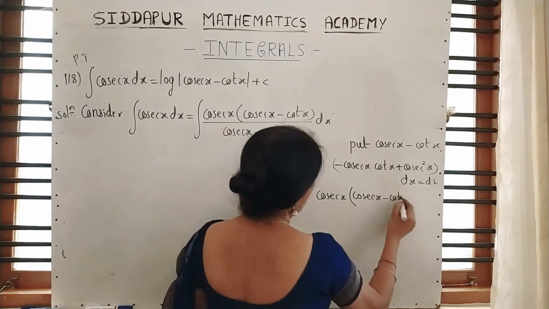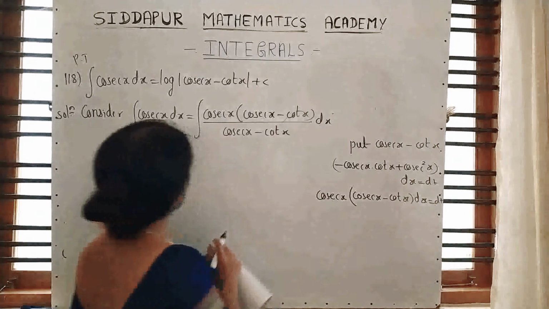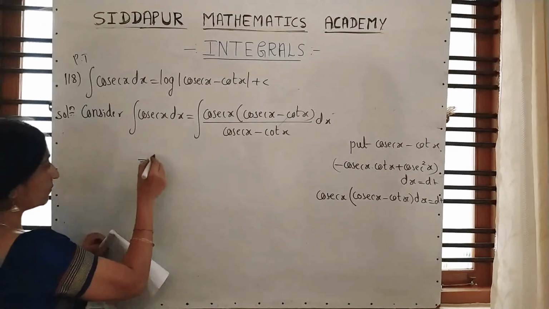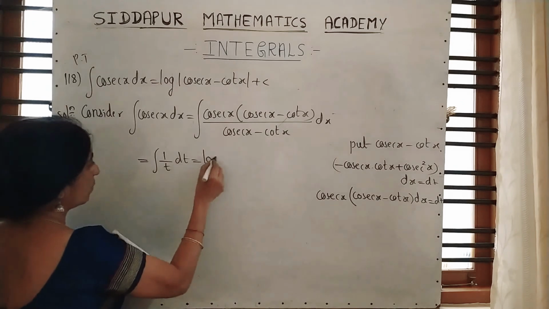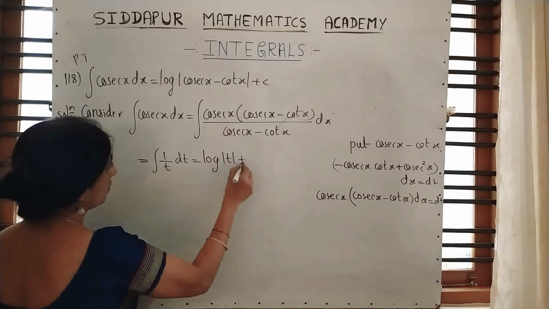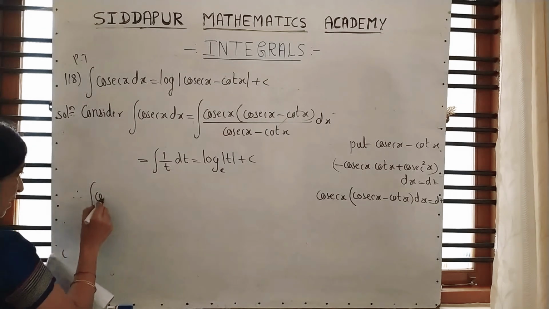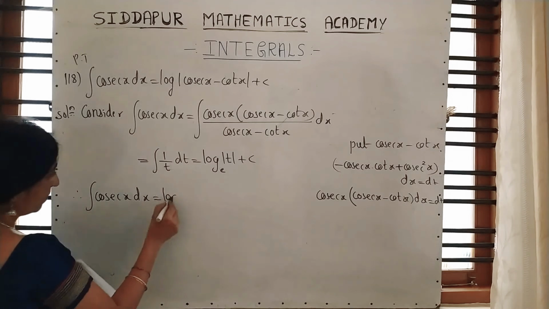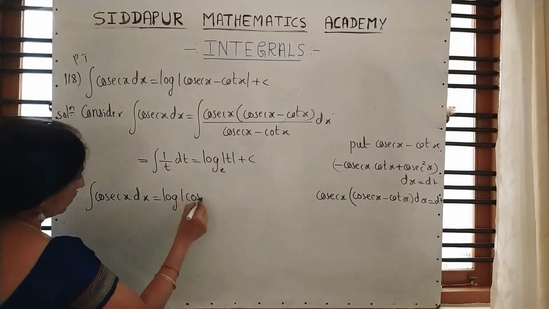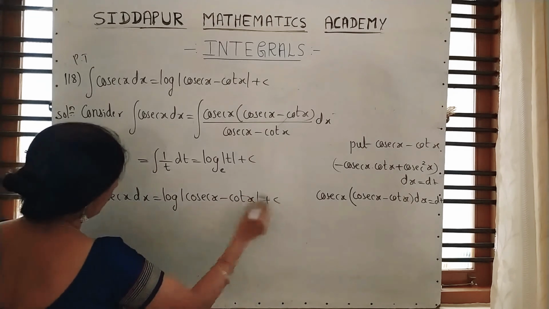Cosecant x minus cot x into dx is dt. That is nothing but the numerator, 1 by t into dt. And again as usual it is log of mod t plus c. Therefore, integration of cosecant x is log of cosecant x minus cot x.